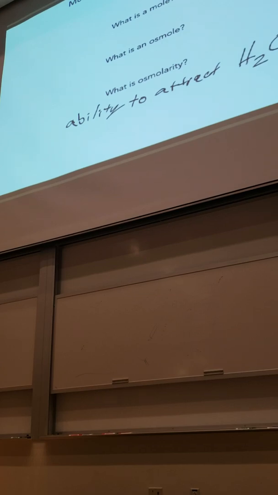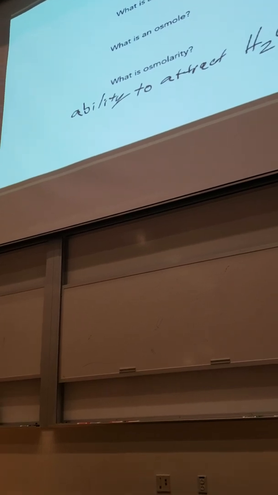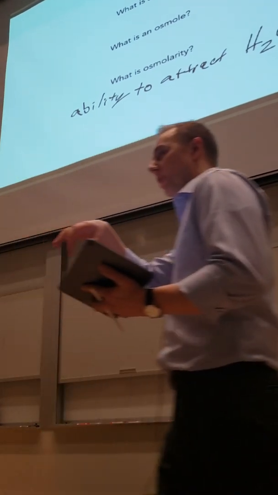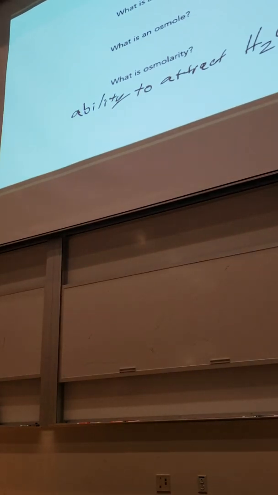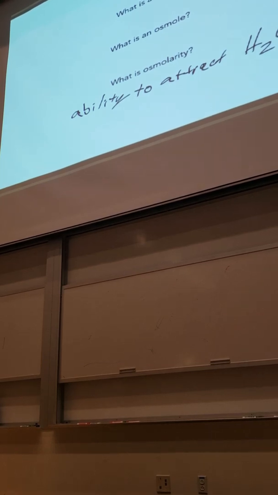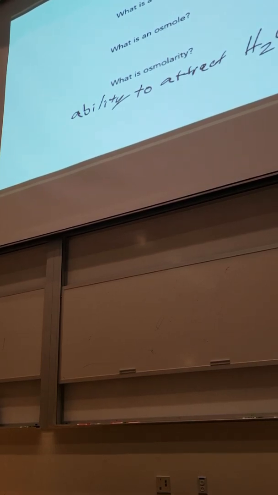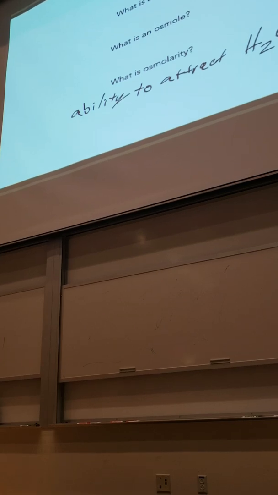Okay? So if we say this compartment has a certain number of osmoles per liter, and another compartment has more osmoles per liter, each of them are going to be drawing water towards themselves, but the one with more osmotic particles will draw water to itself, away from the other side.